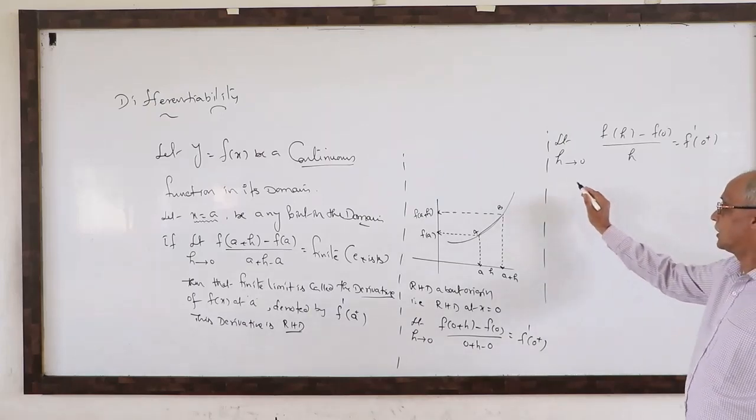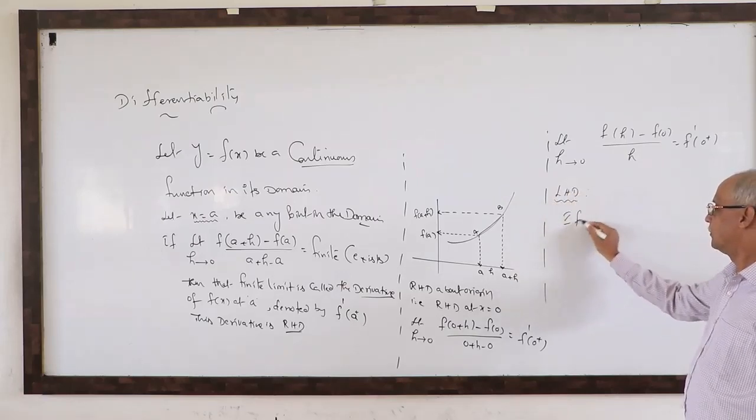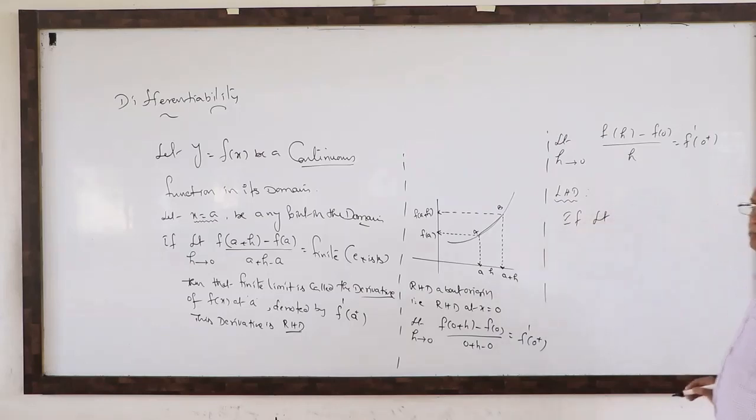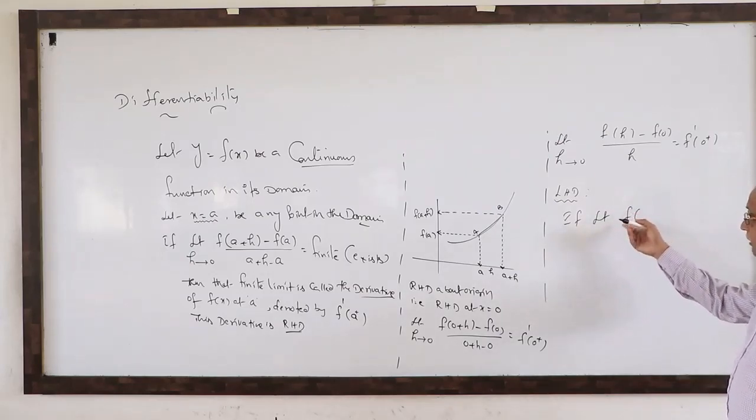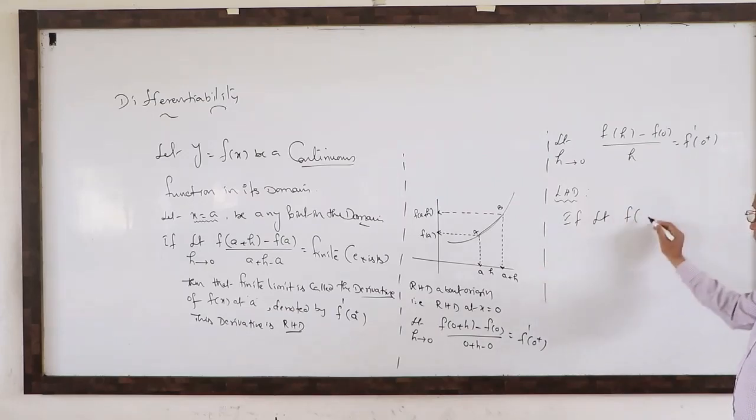Now we will consider the meaning of the left hand derivative. If the limiting value: on the left hand side of A, you have to go left hand side, means A minus something. What is this something?